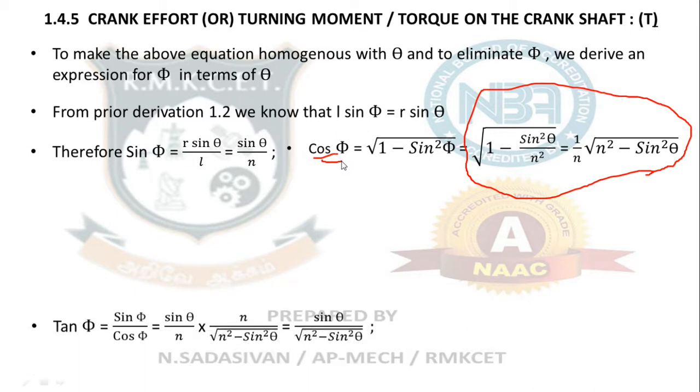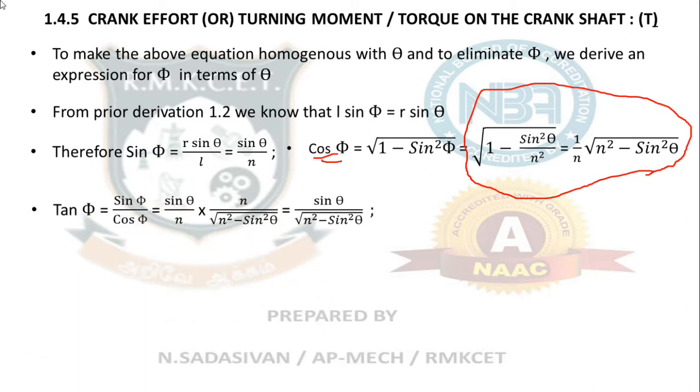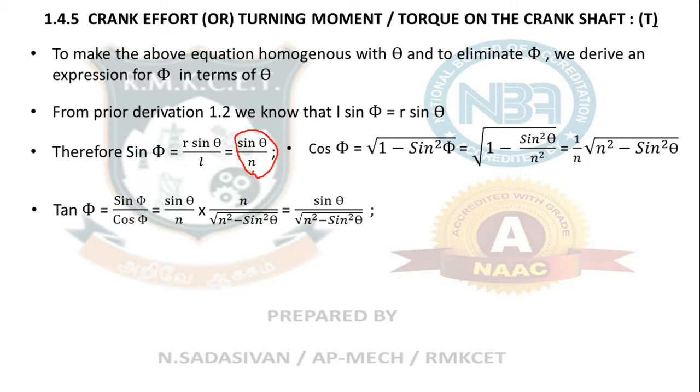Now tan phi equal to sin phi by cos phi. Instead of sin phi I am writing sin theta by n, because of the similar triangles principle which we have already seen. This is a general formula.